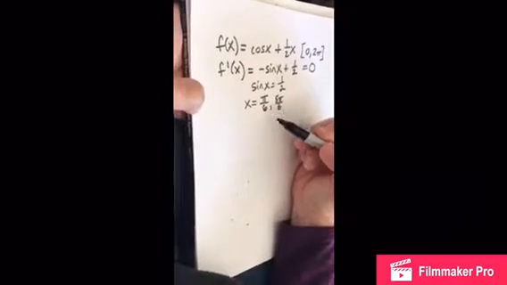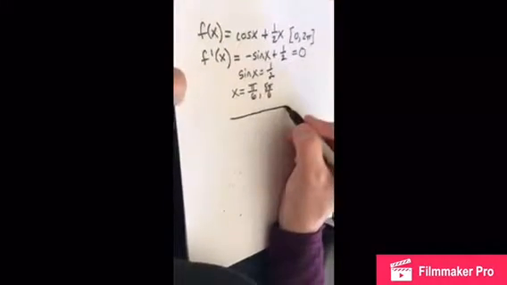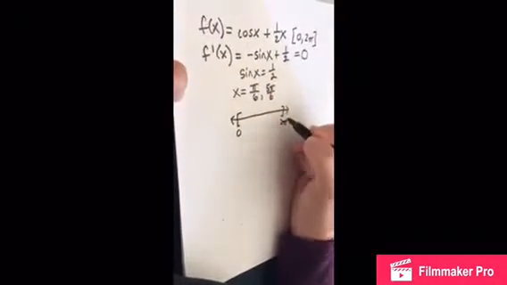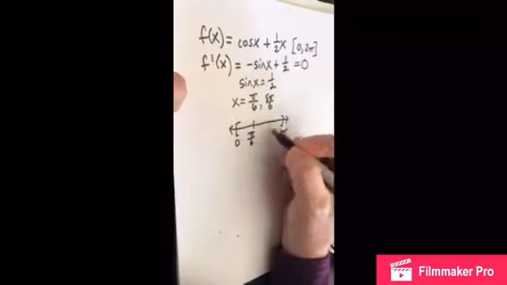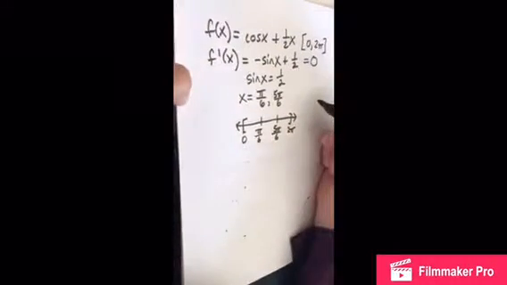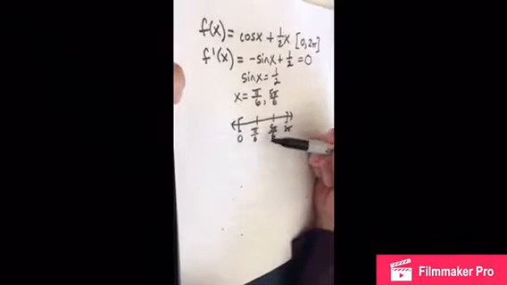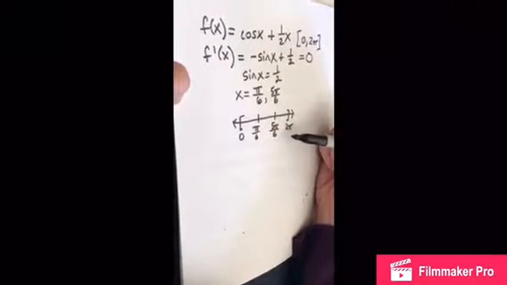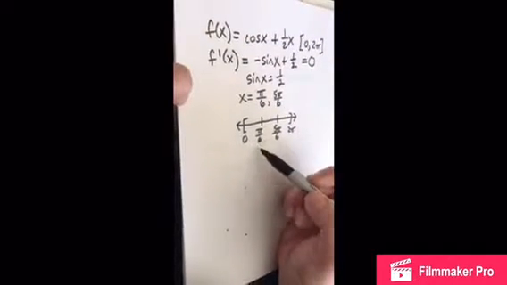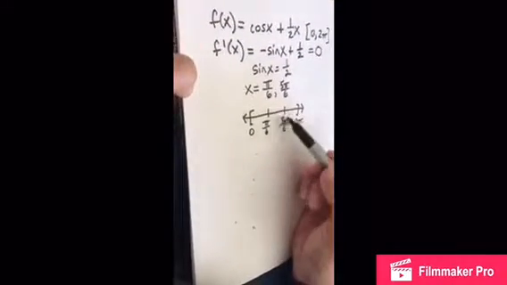Okay, so you're going to put these on the number line. Again, we're only going from 0 to 2 pi. We're going to pi over 6 and 5 pi over 6. And we're going to test our values. If you want to get decimal approximations for these, that's fine. Or you can just plug them in as pi over 6 and 5 pi over 6 values that are in between.